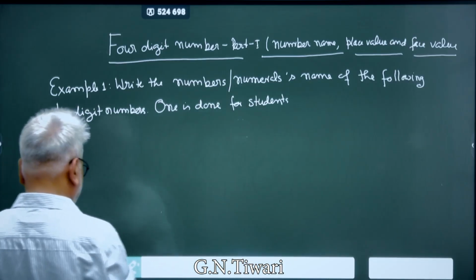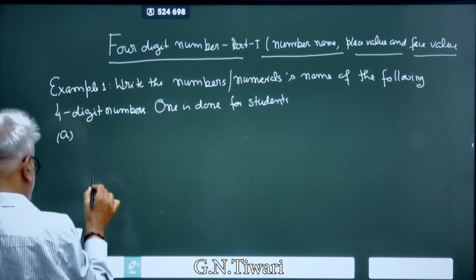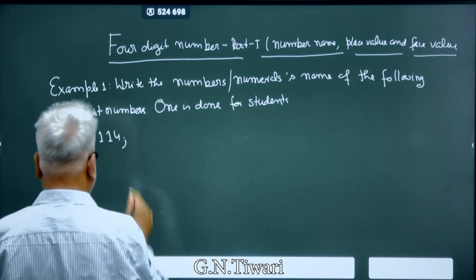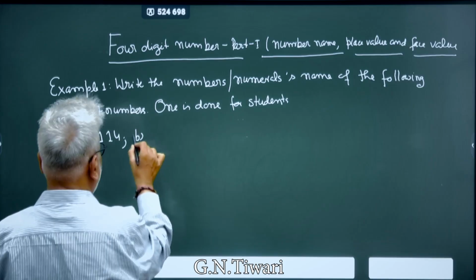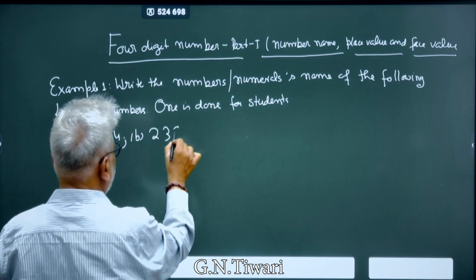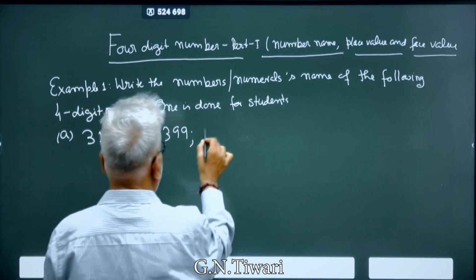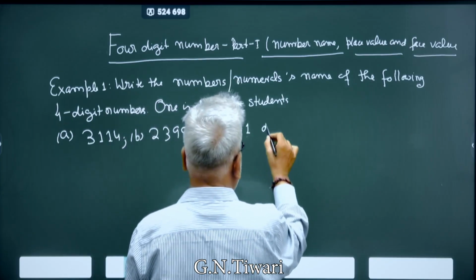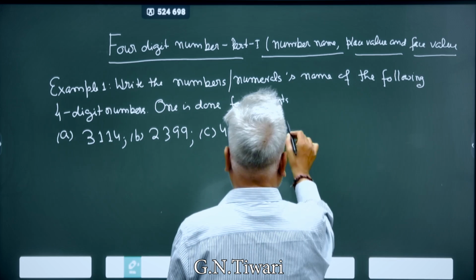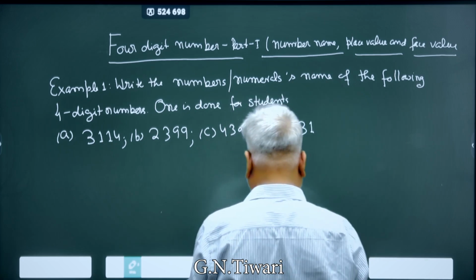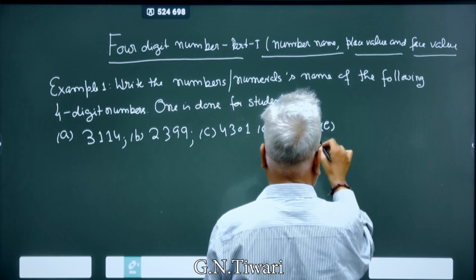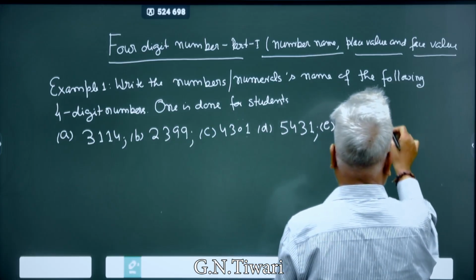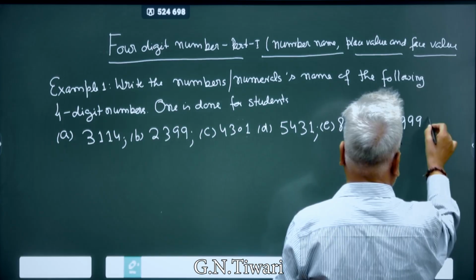I am just giving A, 3114; B, 2399; C, 4301; D, 5431; E, 8699; F, 9999.